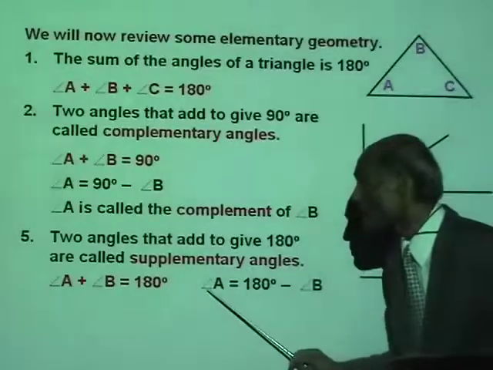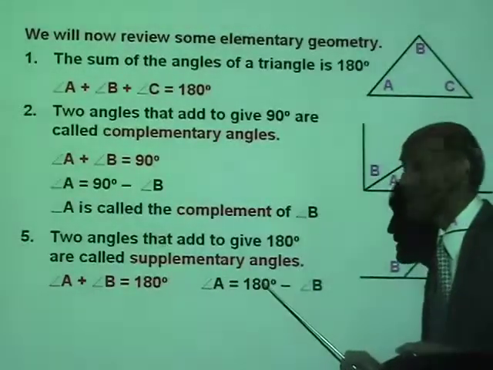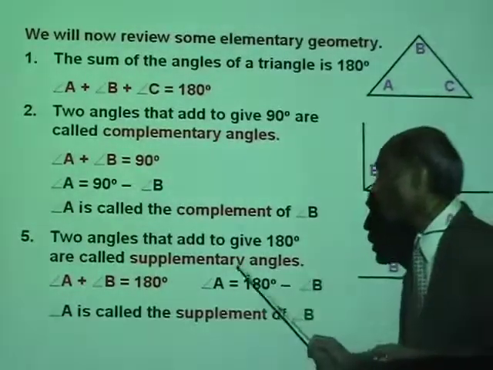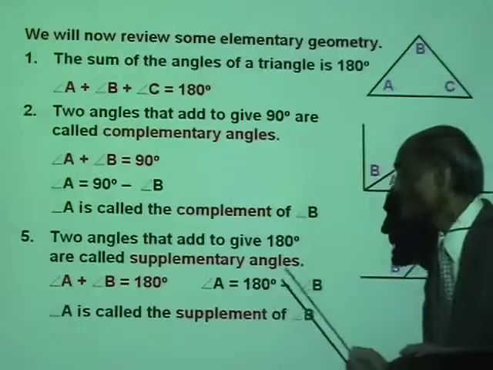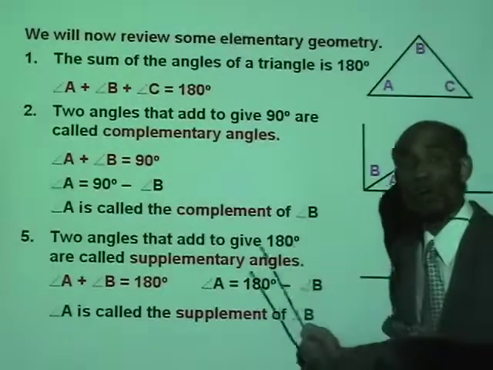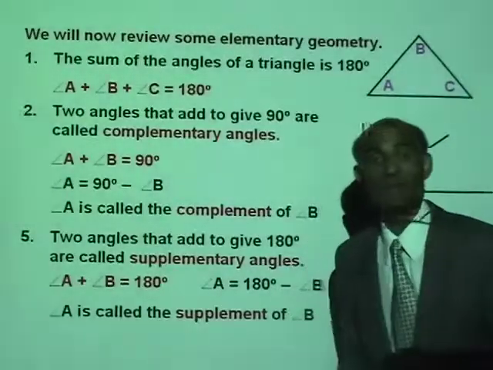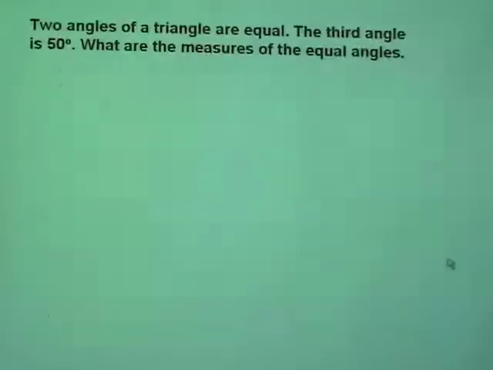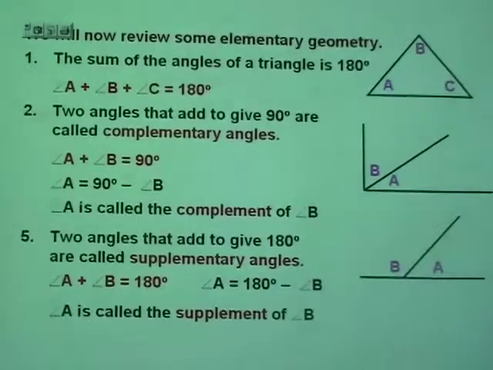Now that means I can write angle A equal to 180 degrees minus angle B, and we call angle A the supplement of angle B, or the other way around, angle B is called the supplement of angle A. Okay, now tell me, if this angle A equal to 90 degrees, what will angle B be equal to?